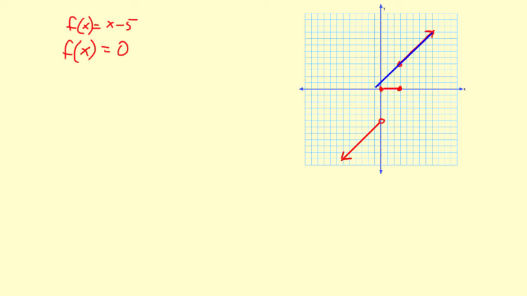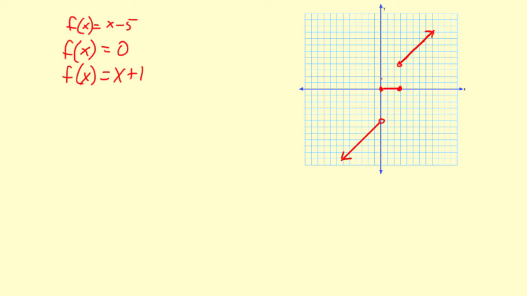So that means this equation is x plus 1. So the rate of change is 1. So f of x equals x plus 1. Okay, so those are the three pieces of the function.